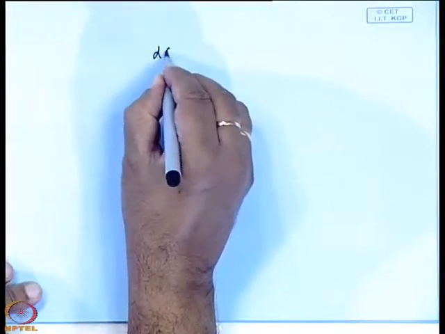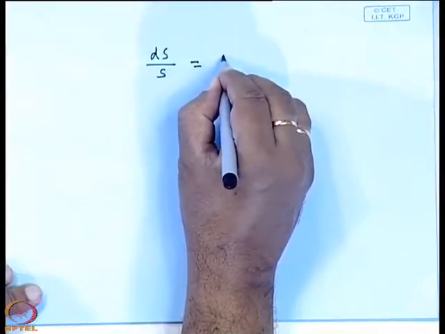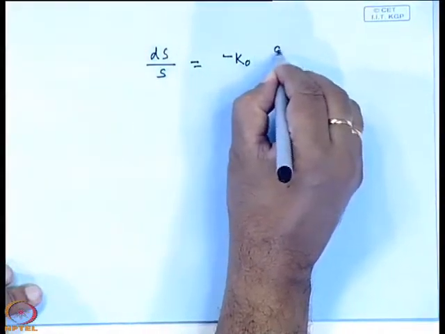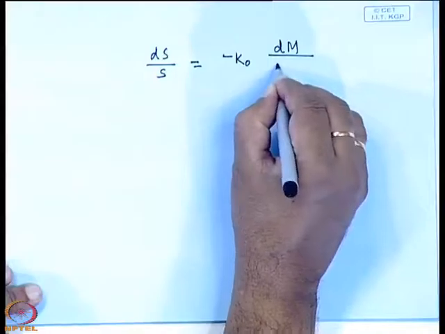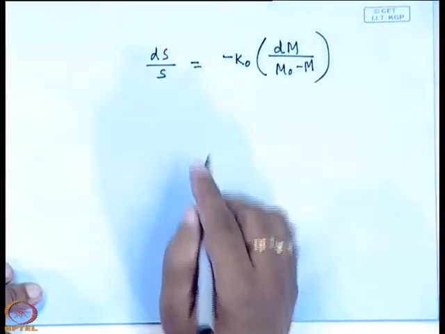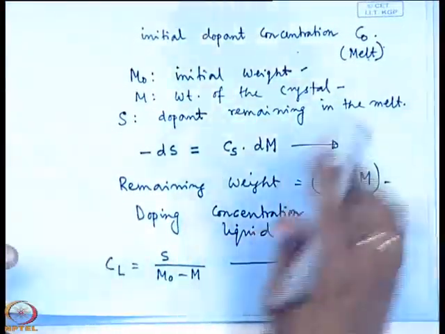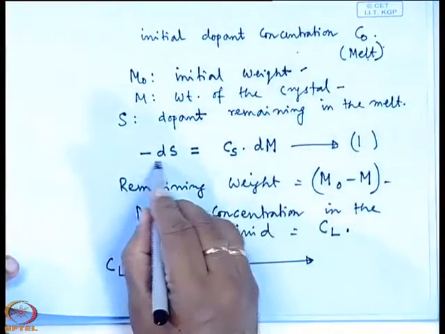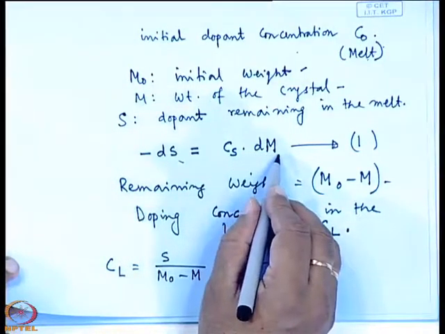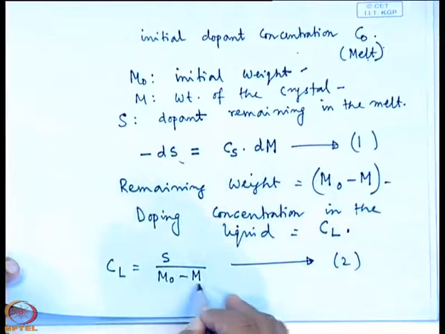Now, if you join these two equations, you will find that dS by S equals minus k0 dm by m0 minus m. You see that the first equation was minus dS equals Cs into dm, and the second equation was Cl equals S by m0 minus m.